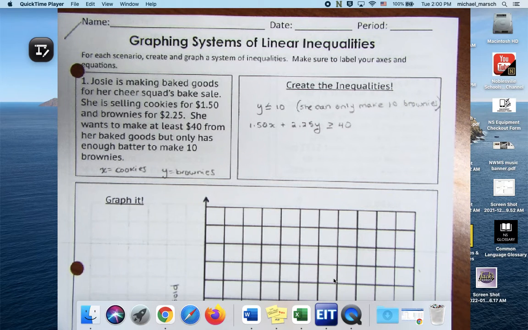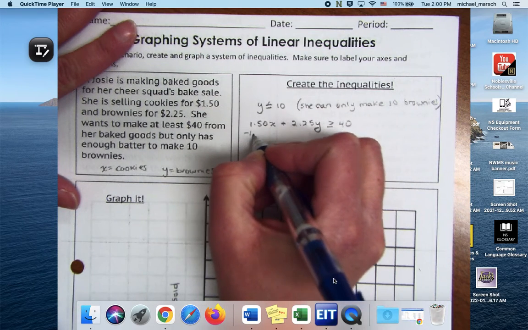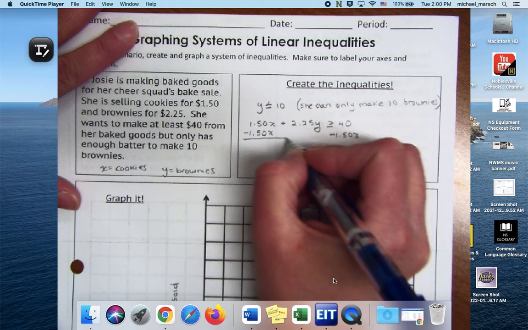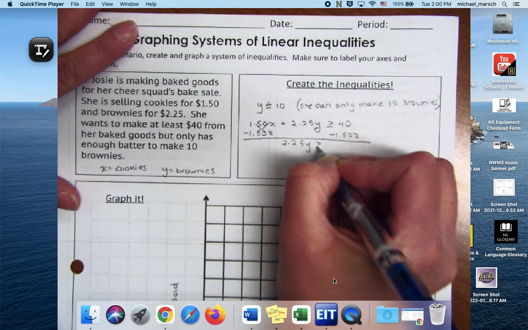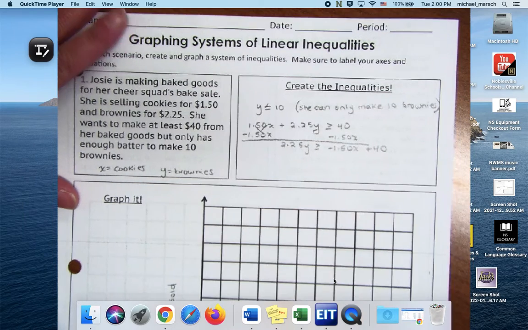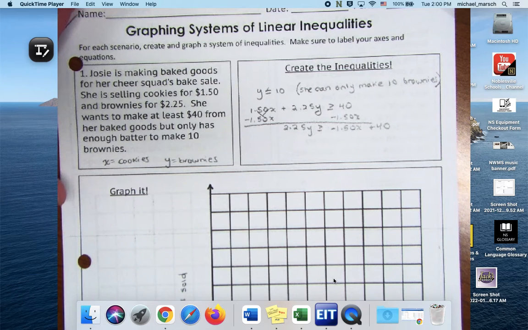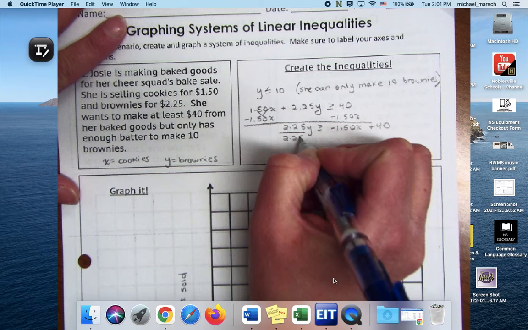All right. This one is not in slope-intercept form, so we have to rearrange it. Take away the $1.50x. Divide by 225.